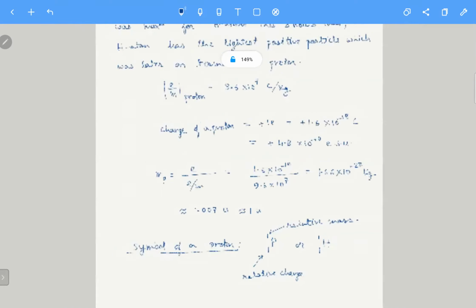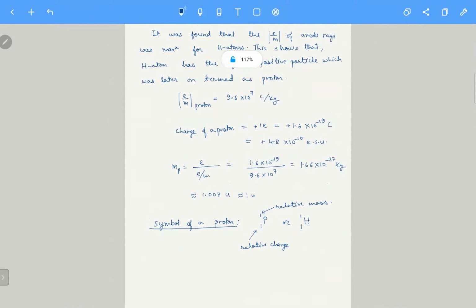Clear? Who is given the credit for discovery of protons?